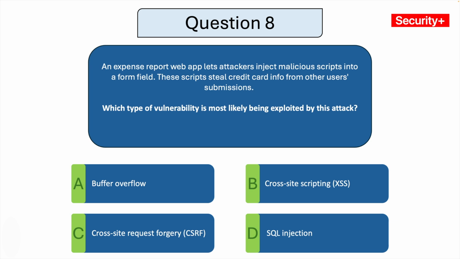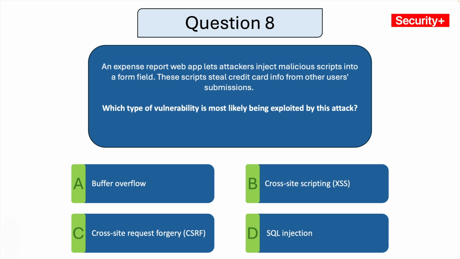So you have buffer overflow. Now, that wouldn't necessarily steal data through a web form. So ruled that one out. You have cross-site request forgery. That's going to take advantage of the user's existing authenticated session to trick the website into performing unauthorized actions. But that doesn't usually involve scripts. It can, but it doesn't usually.